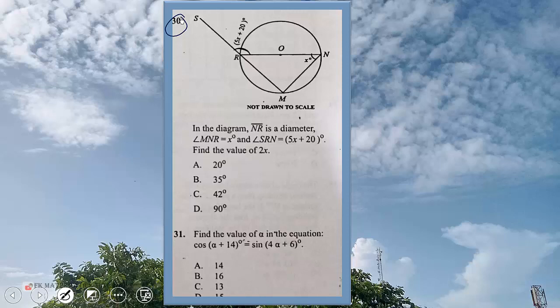So if RN is a diameter, then this is 90. By the exterior angle theorem, this will be equal to the sum of this and this. So 90 plus x is equal to 5x plus 20.